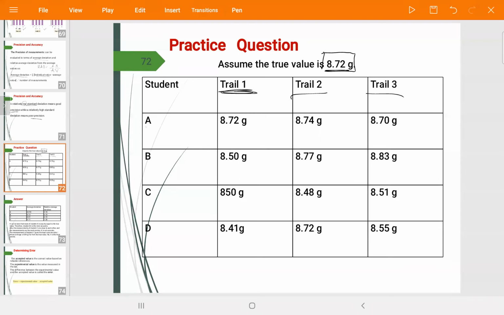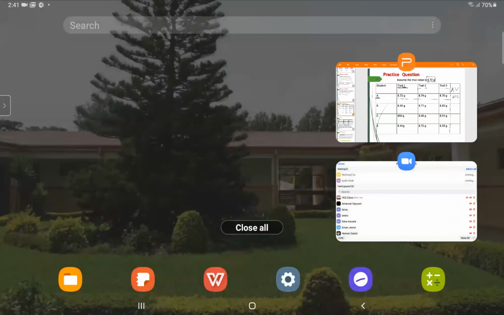If A obtains this value, what do you have to calculate? We have to calculate average values. I think this gives us 8.72, right? Now, who can calculate this and tell me the average value? Simply, you have to add them up and then divide this value by 3 because the number of trials in this case is 3. Is it clear?